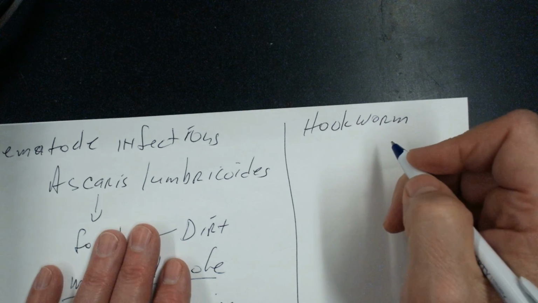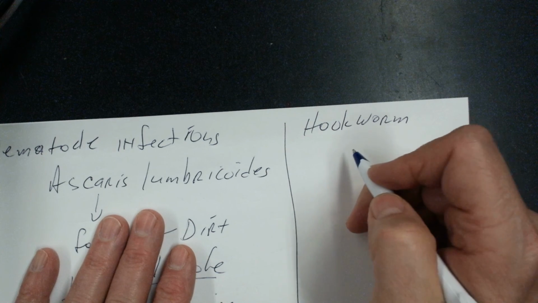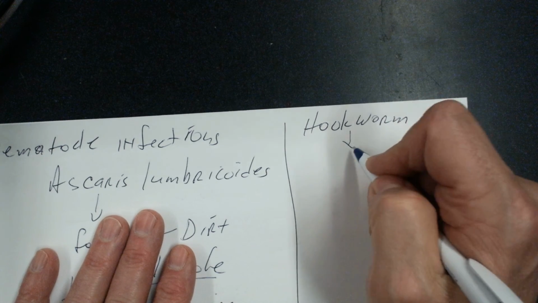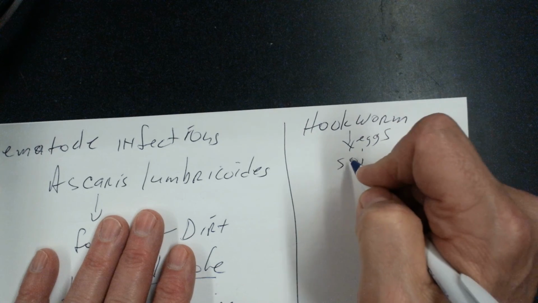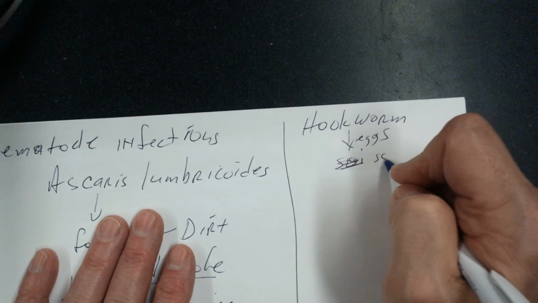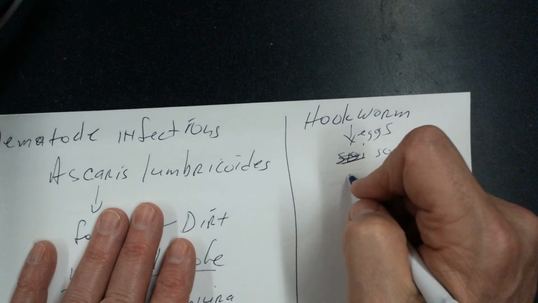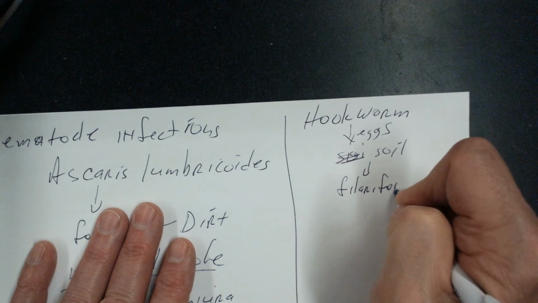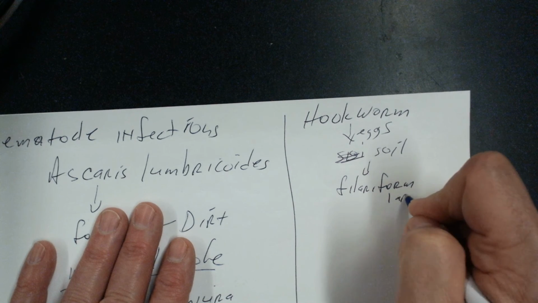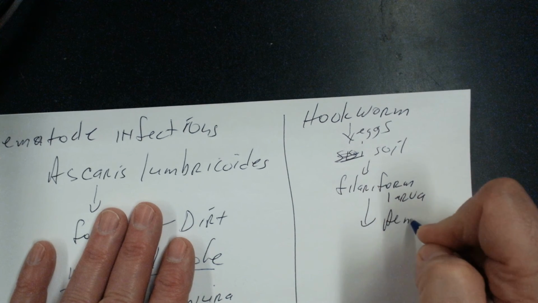in the South. So this has a complicated life cycle, but the eggs hatch in the soil, and then it becomes a so-called filariform larva, and the filariforms can penetrate skin.